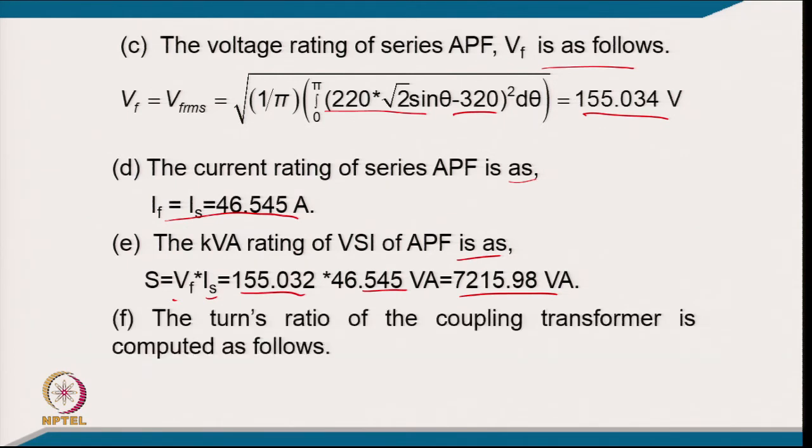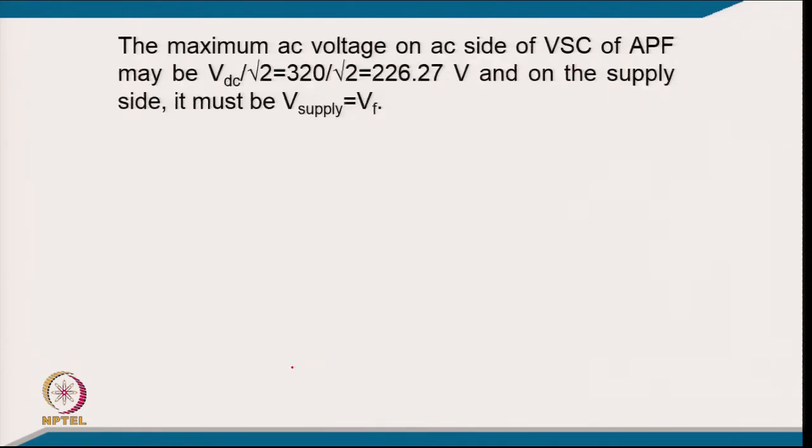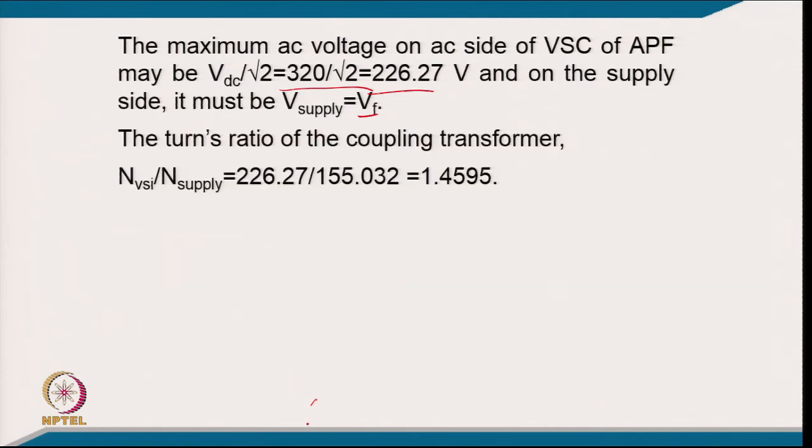And the turns ratio of the coupling transformer: the maximum AC voltage we can generate from the voltage source converter of the series active filter is 220 by root 2, so it comes to 226.27. On the supply side we have to inject the voltage which we have calculated, typically 155.0, and we can generate 226.27 from the inverter. From this we can calculate the turns ratio, which comes to 1.4595.